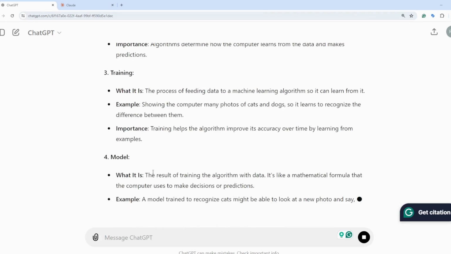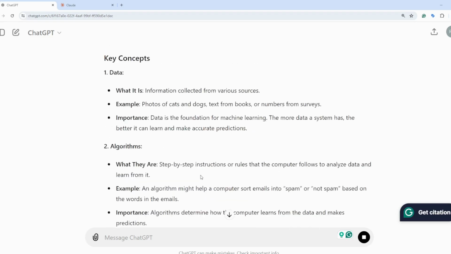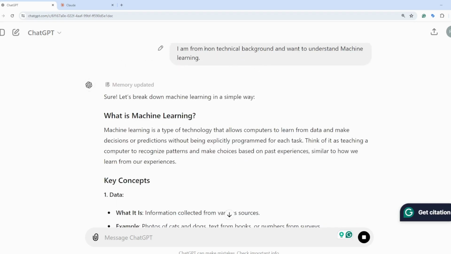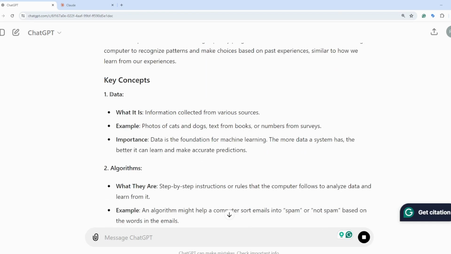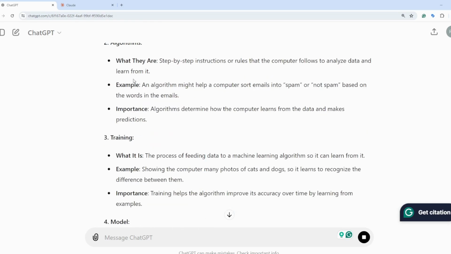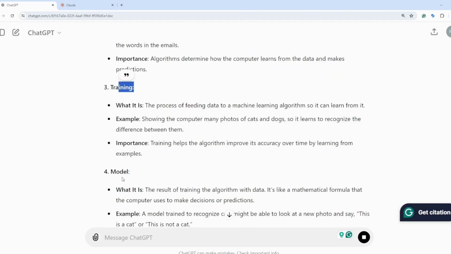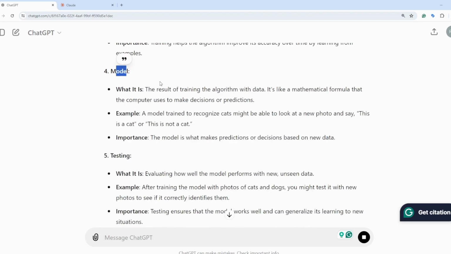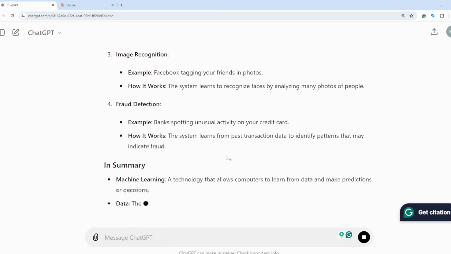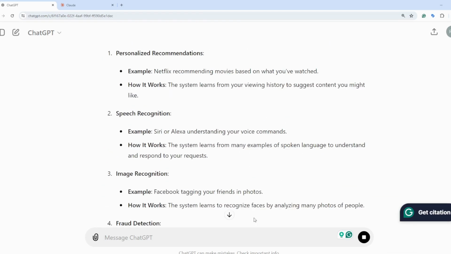Okay. So this is something about machine learning, for the non-technical background person. It's telling about data, algorithms, training, and models. So everything is in non-technical language. If you see fraud detection, these are some use cases.